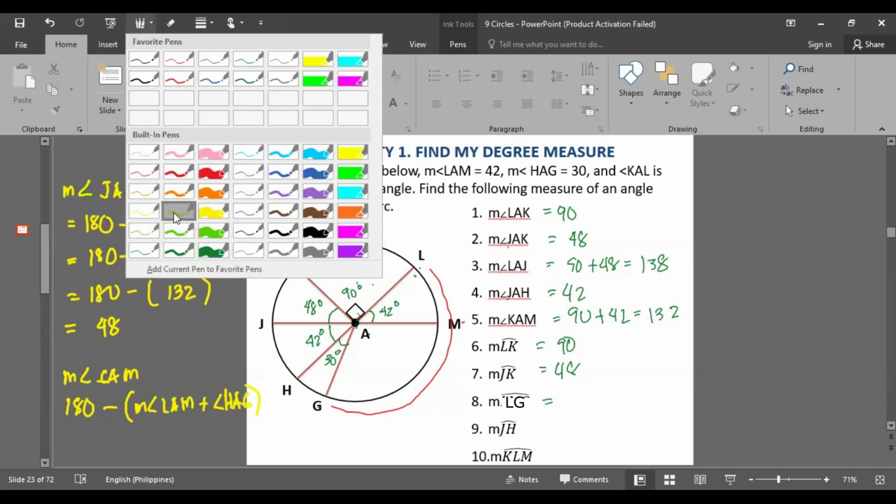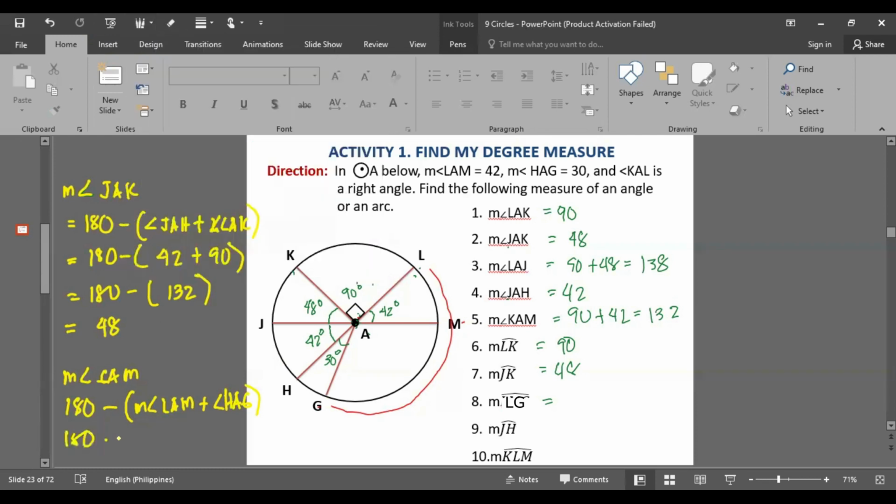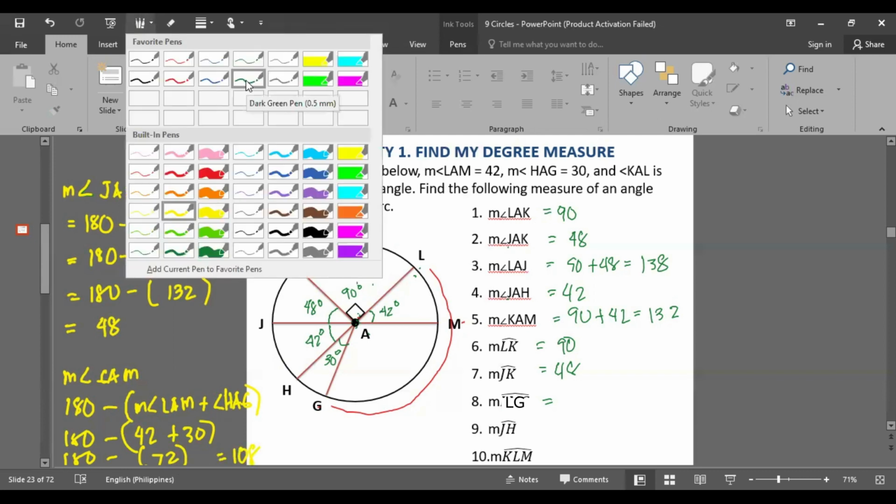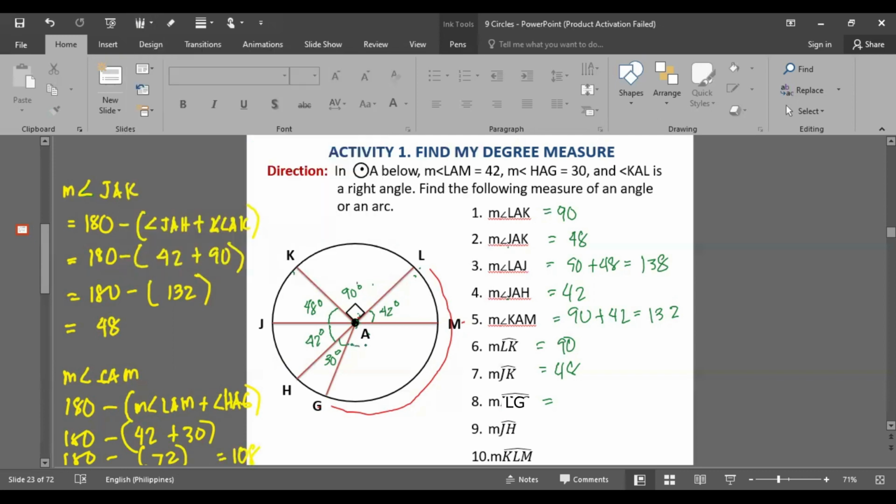So we will put here 180 minus the measurement of angle LAM is 42, then HAG is 30. So 180 minus 72, it's 108. Therefore, the measurement of angle GAM is 108.